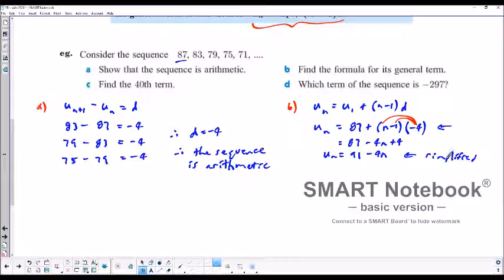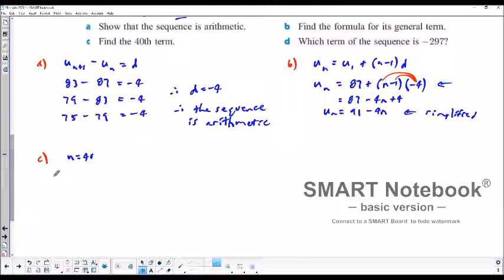Okay, so now we're going to move on and see what the 40th term is. For the 40th term, we know that n equals 40. So all you have to do is substitute 40 in for n in the formula. So U sub n becomes U sub 40. Anywhere you see an n, you write in 40. So 91 minus 4 times 40. 4 times 40 is 160.